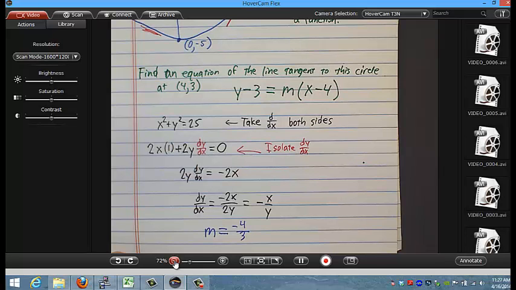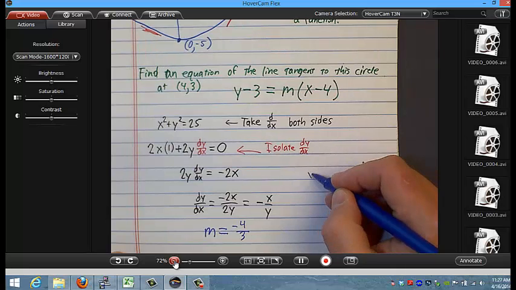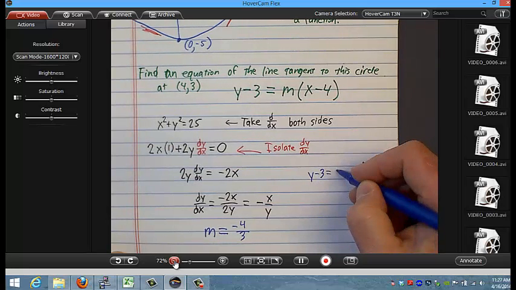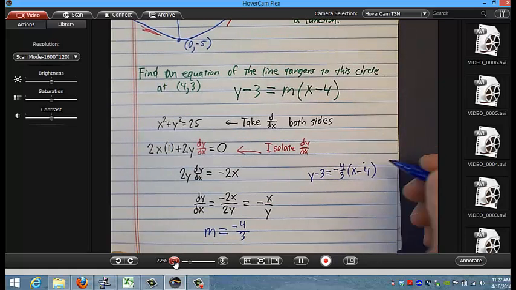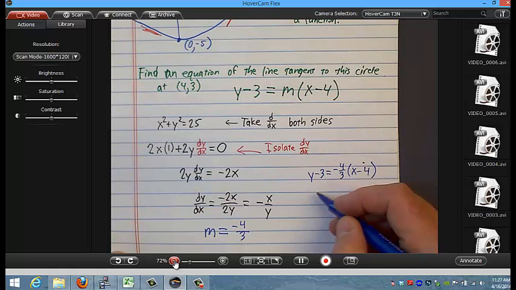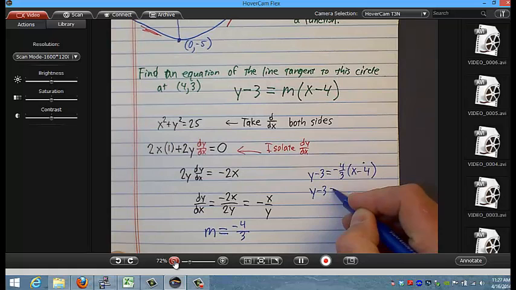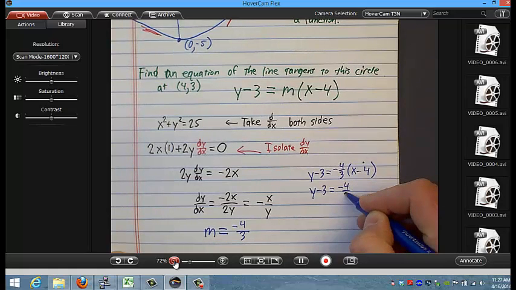So what's an equation of that tangent line? Well, it would be y minus 3 equals negative 4/3 times (x minus 4). We did it. We found an equation. I think I'll simplify it just to make it a little easier to understand.